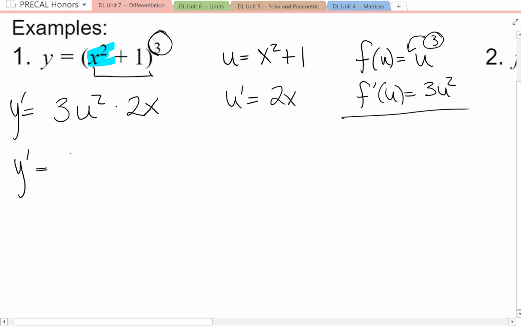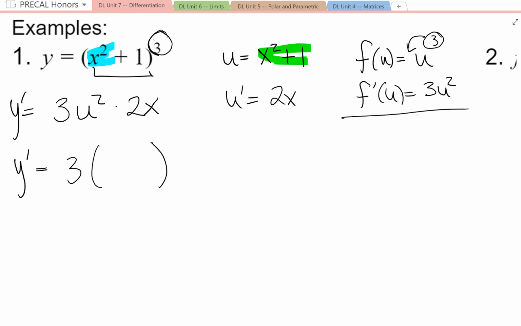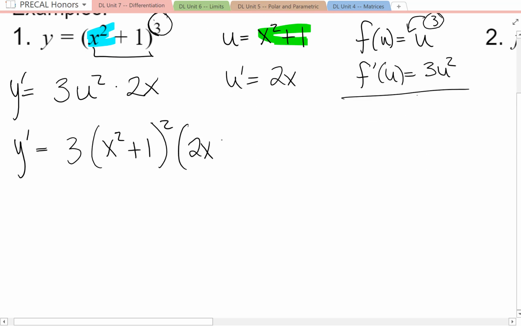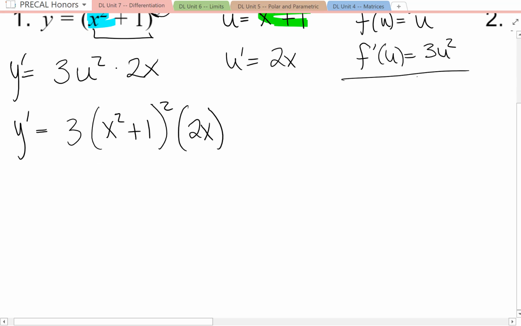So y prime is equal to 3 times u, which is the function x squared plus 1, to the power of 2, times u prime, which is 2x. Simplify by bringing anything that's not squared to the front. So 2x times 3 is 6x times this quantity squared.